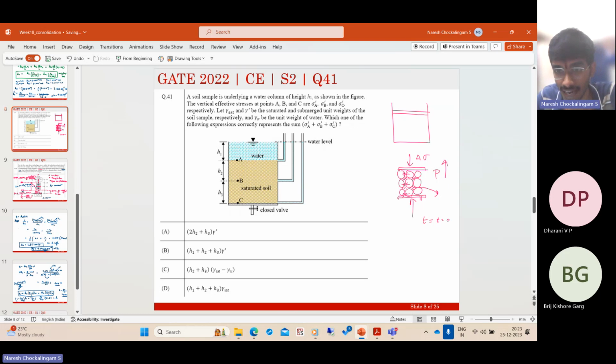Particles will try to slip and take up the interstitial spaces, but you cannot push the water out without applying pressure. So initially the pore water will take all the applied load, and as we allow some time, the applied load will transfer from the pore water to the soil.